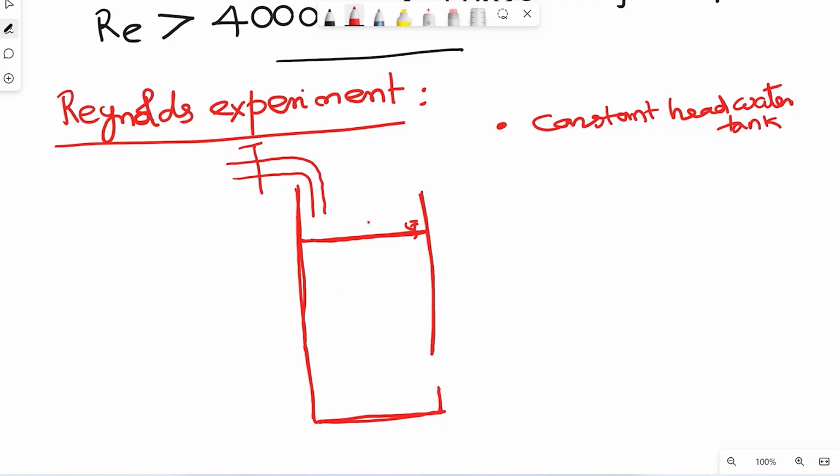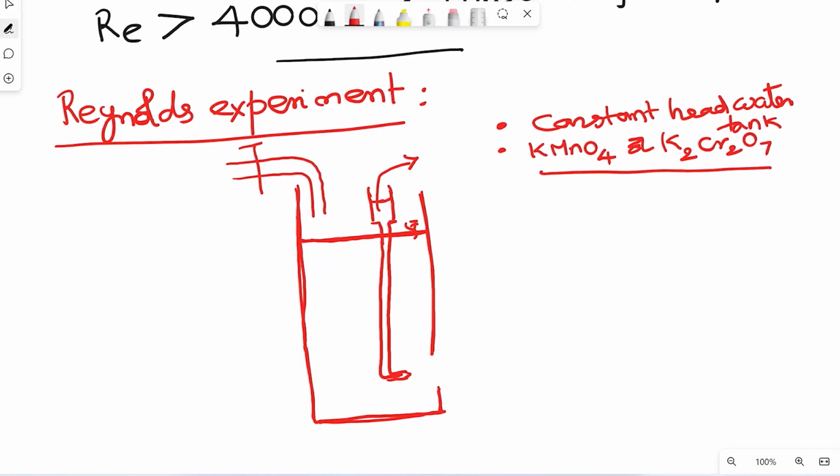Then he has taken a very small tank, with a steel tube. This is again a steel tube, having a nozzle-like end. In this small tank he has taken a liquid called potassium permanganate or potassium dichromate.